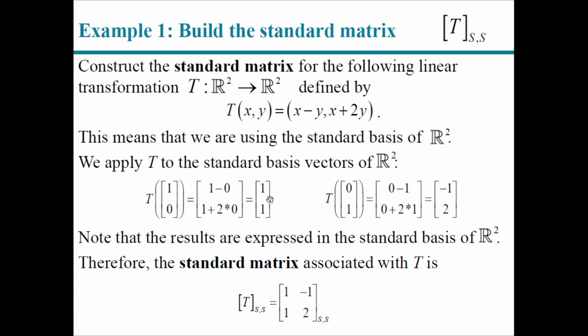All I do is put those images into a matrix. That's called the standard matrix. We will have a separate video only on that, how to build it and how to use it. You see it's not complicated at all. You just plug the basis vectors into the definition of the transformation that is given to you.